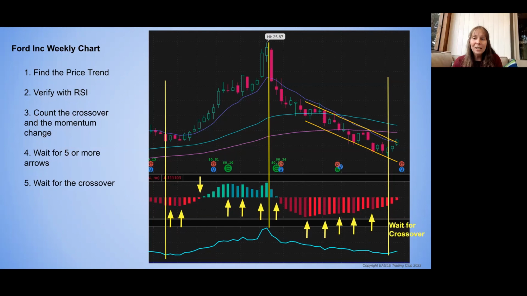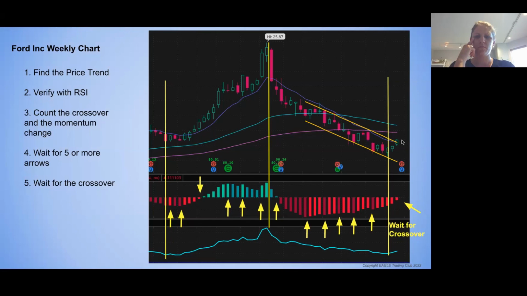So at this point we have completed the pattern strategy, and all we need left is to wait for the crossover. You can already see there's a straight line down here, and it is breaking above that channel.